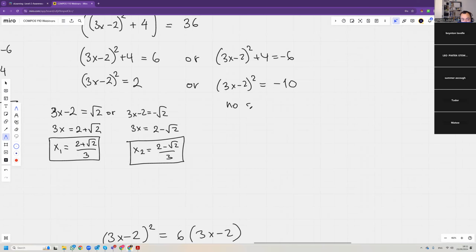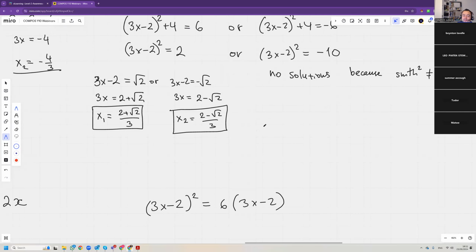So there are no solutions, no real solutions. We don't do complex solutions. No solutions, because something squared cannot be equal to minus 10. That's not possible. If you square a number, it's not going to be minus 10. And that's it. We only have two solutions.